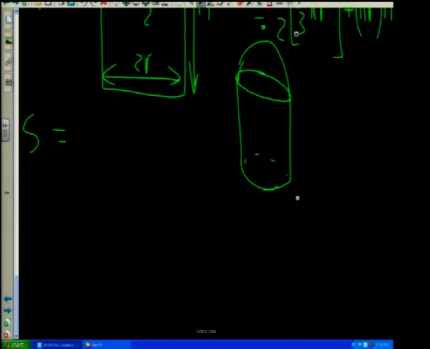The total surface area will be the surface of the hemisphere plus the surface of your cylinder, plus, obviously if it's closed at the bottom, again you have to take note of that, the surface area of the base.